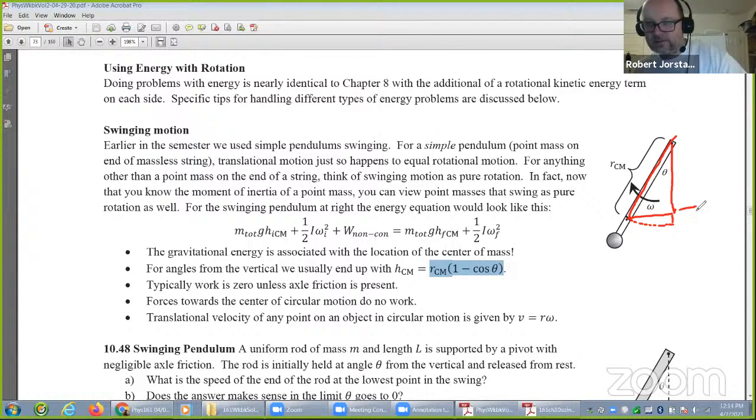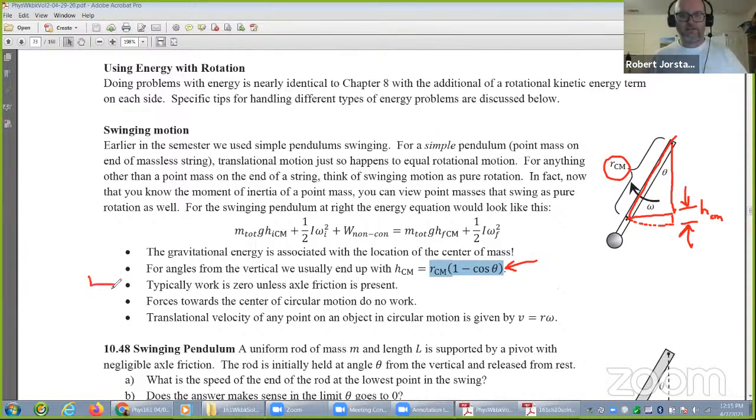Right? The idea was this was the height right inside of that little tiny bit. And that is the height that the center of mass changes. And so we said, oh, this is the radius of the center of mass. And that's how we got this term right here. If you need help with that, we could talk about it more later. But basically, that was derived in chapter 8. So we see that happens again.